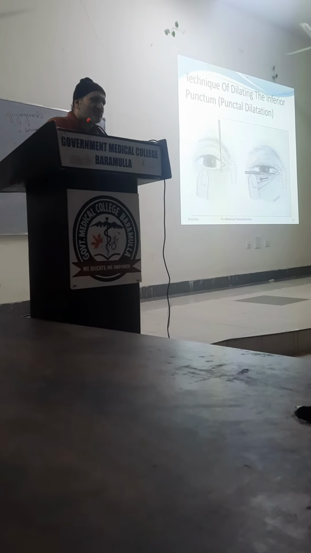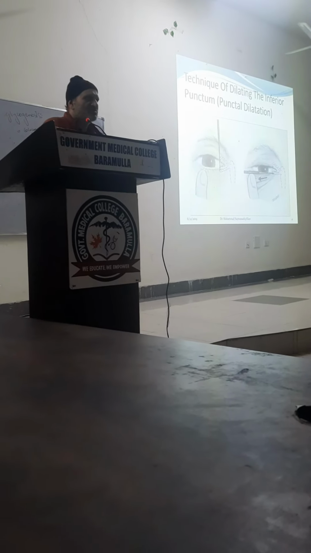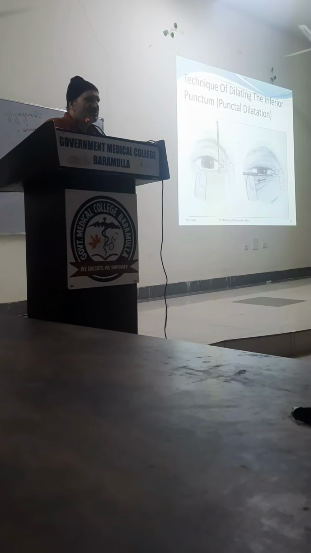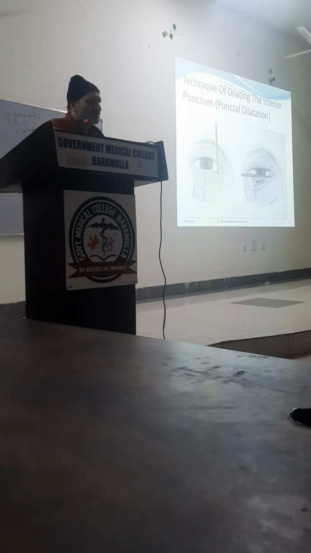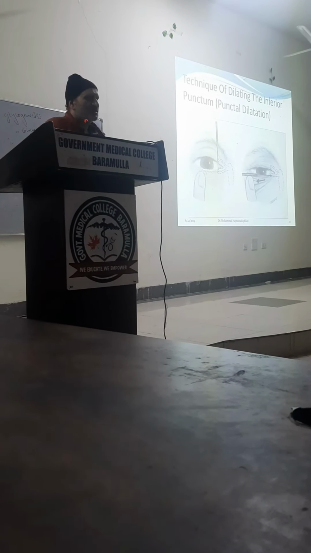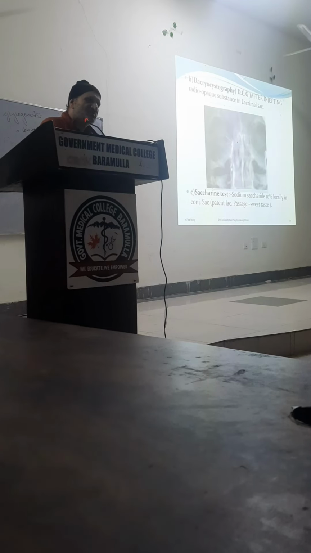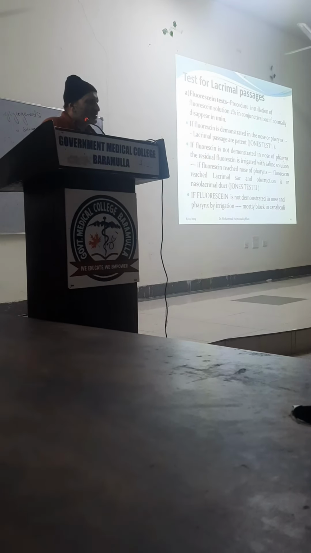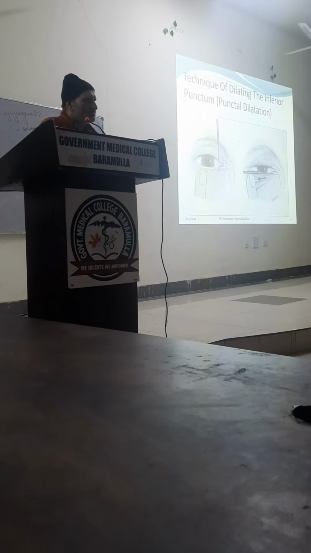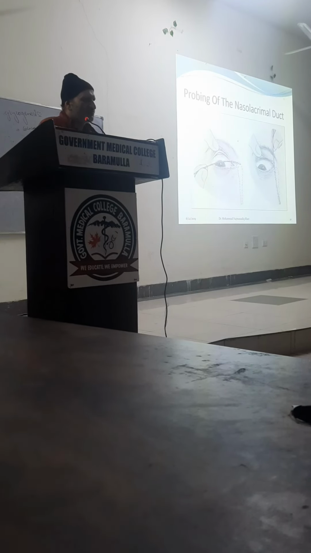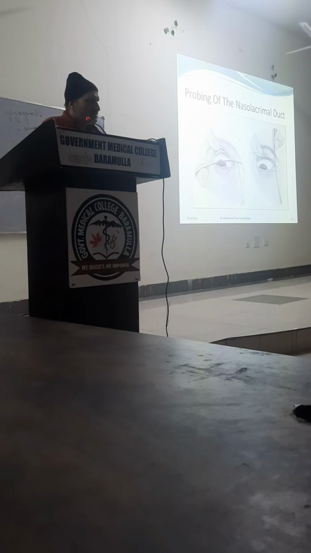Again, I will repeat. In common canaliculus block, there will be a soft stop. In nasolacrimal duct block, there will be a hard stop on syringing. In common canaliculus block, clear fluid will come immediately from the upper punctum. In nasolacrimal duct block, it will come after a gap of 30 or 45 seconds.